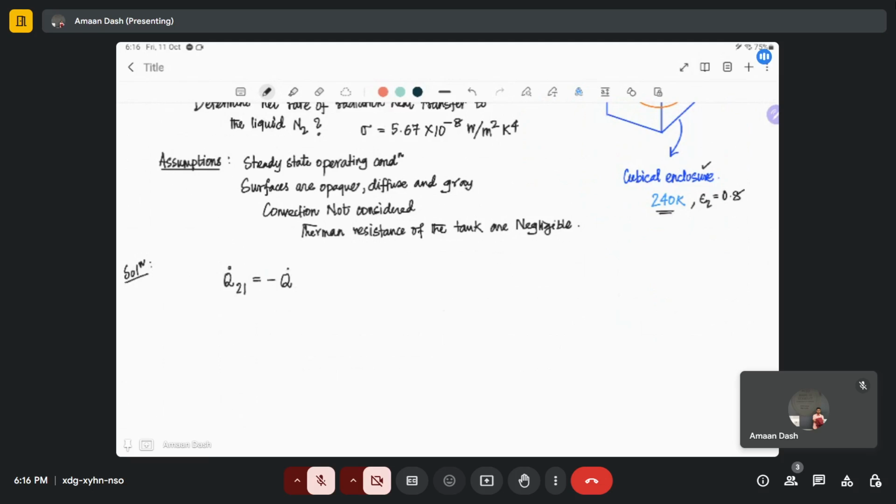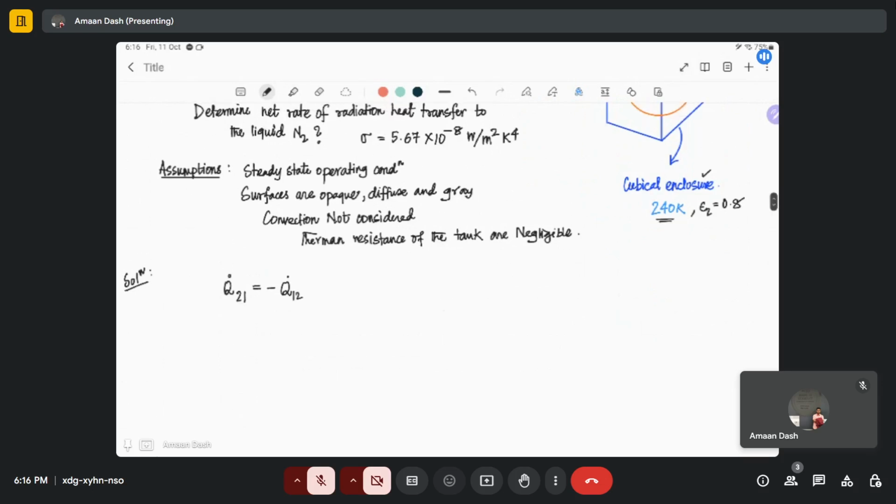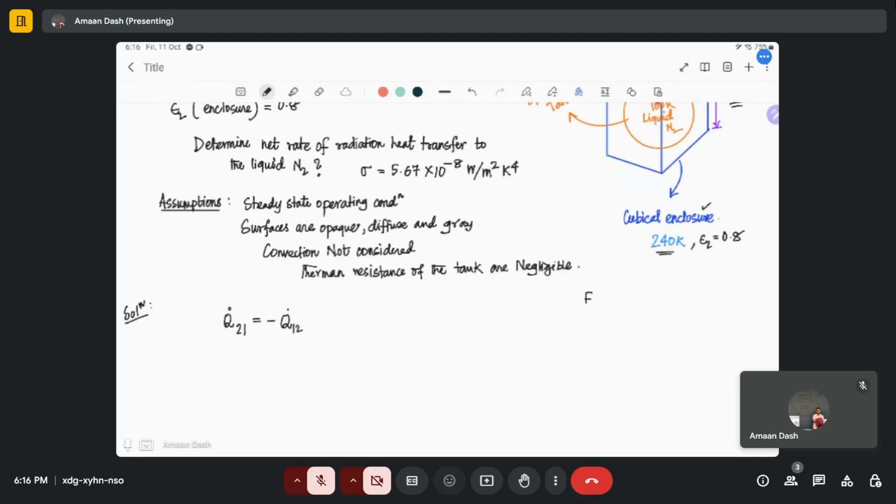This has an emissivity of 0.1, so this is epsilon 1, and this cubical enclosure has an emissivity, let's say epsilon 2, equal to 0.8, and this is 3 meter long. So we have to determine the net rate of radiation transfer to the liquid nitrogen.